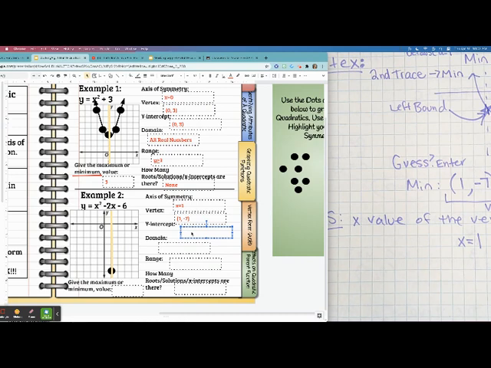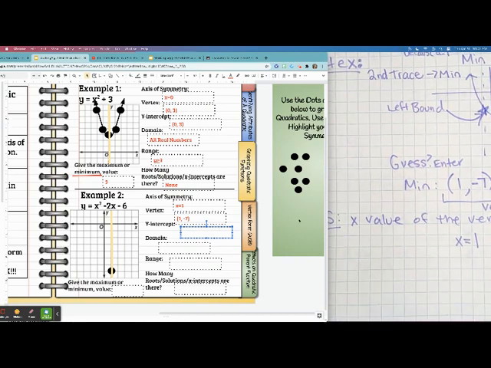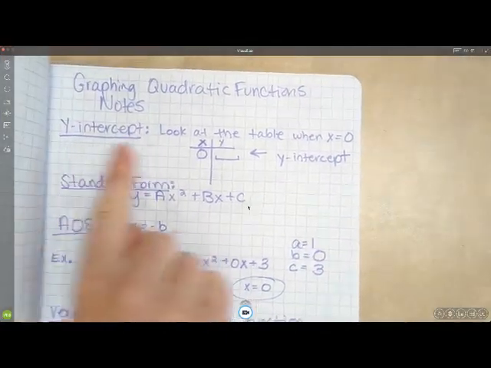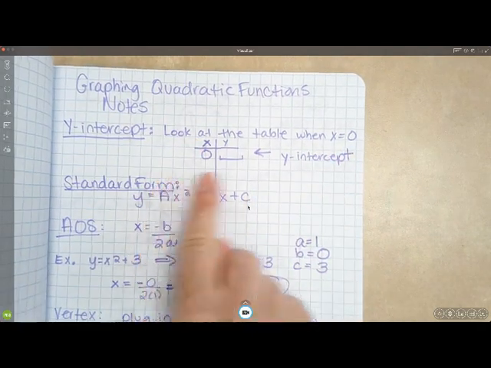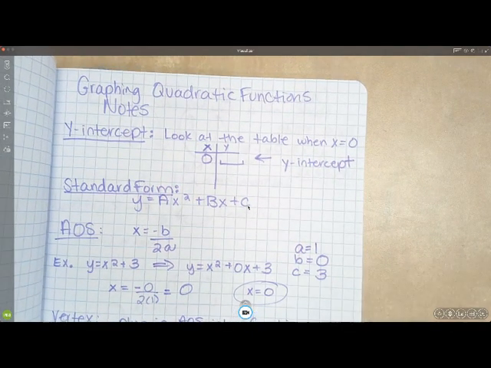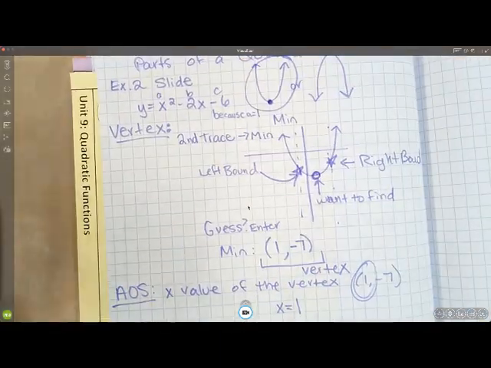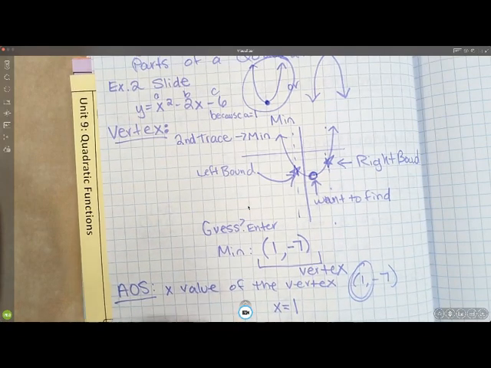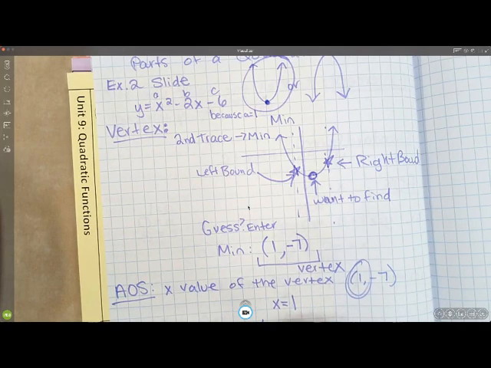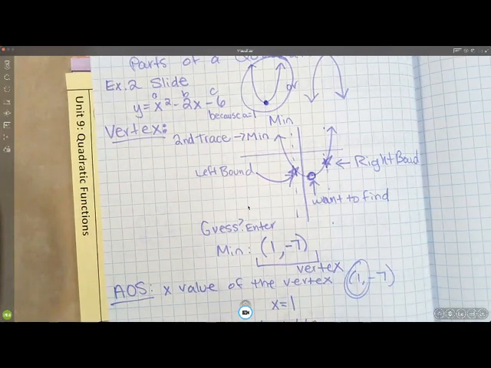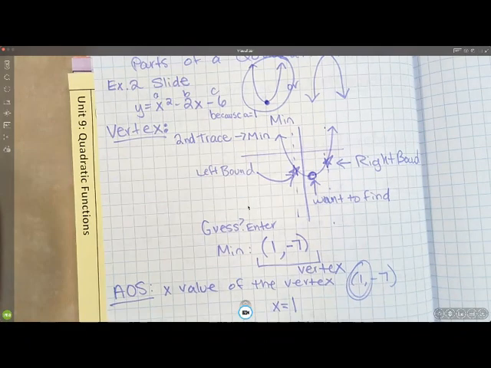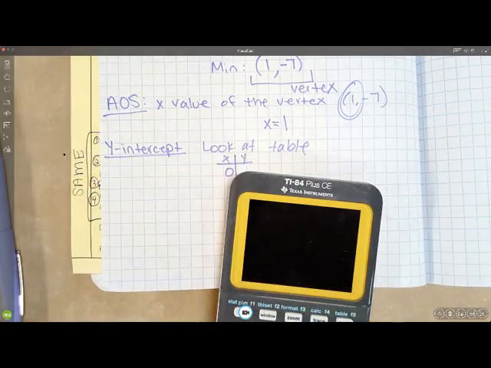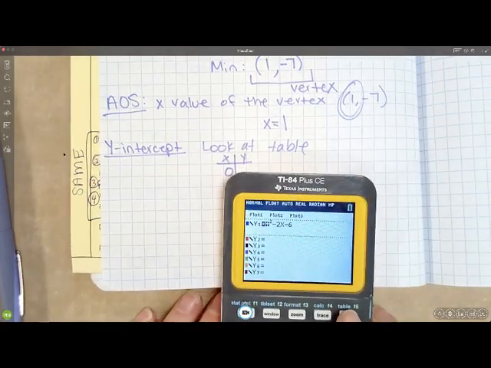Next thing is our y-intercept. Y-intercept is when x equals 0, what is the y value? So yesterday we looked at that. We said for our y-intercept, look at the table when x equals 0, that is your y-intercept. So we'll put that into y equals like we already have.